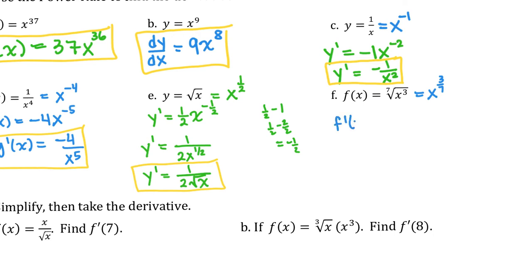So f prime of x equals, I'm going to bring down the 3/7, x, and I'm going to lower the 3/7 by a degree. So if I do 3/7 minus 1, that's 3/7 minus 7/7, which is negative 4/7.